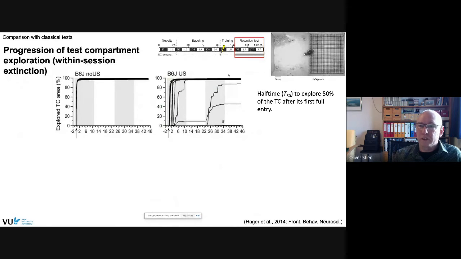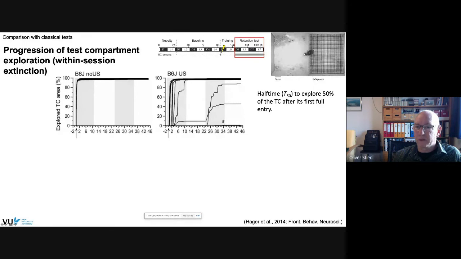Now what is interesting is that in the classical tests we showed that there is an extinction, and we know that the animals that are moving back explore the test compartment in one go. And we found a correlation that the later the 6J enter this compartment, the slower they progress.